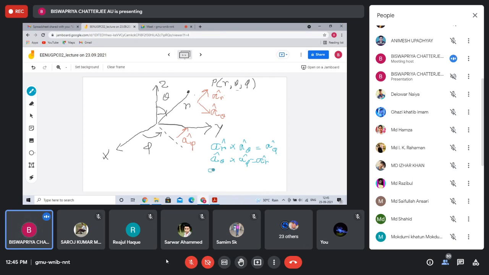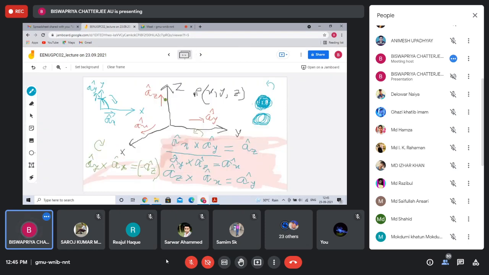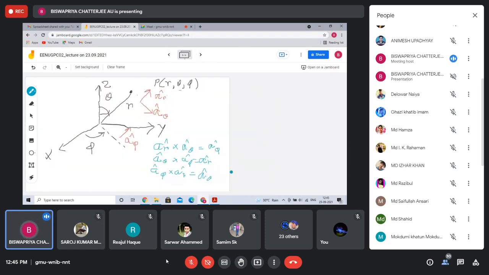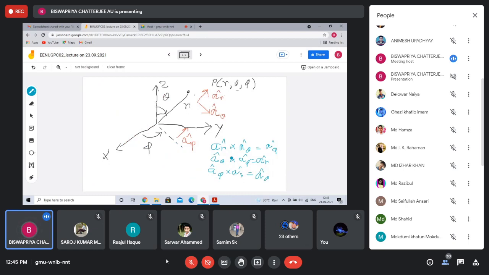And finally Aφ cross AR will be equal to Aθ. So this is called right-handed system in spherical system. And like this, if you change the direction, the direction of the resulting vector will change accordingly.